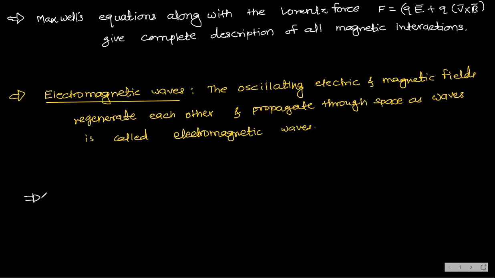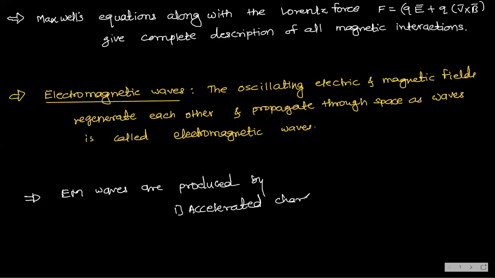So see here, EM waves are produced by, number one, accelerated charge. First thing is what? Accelerated charge produces electromagnetic waves.